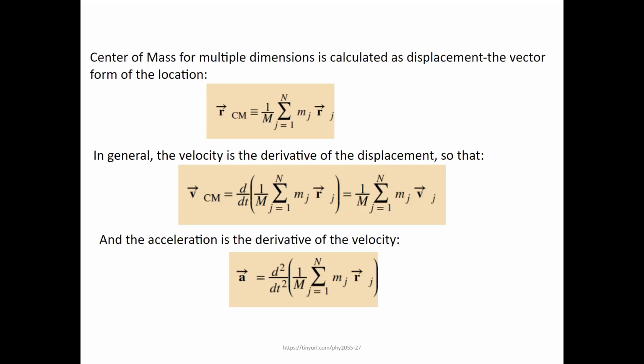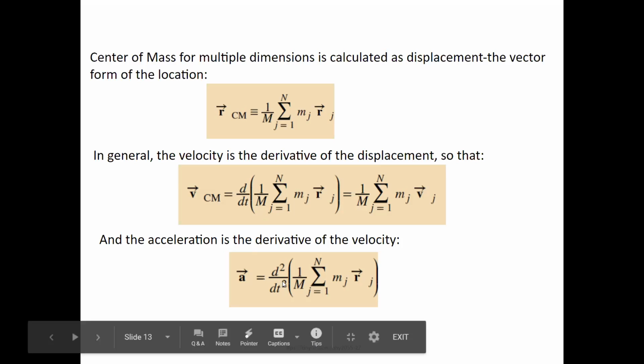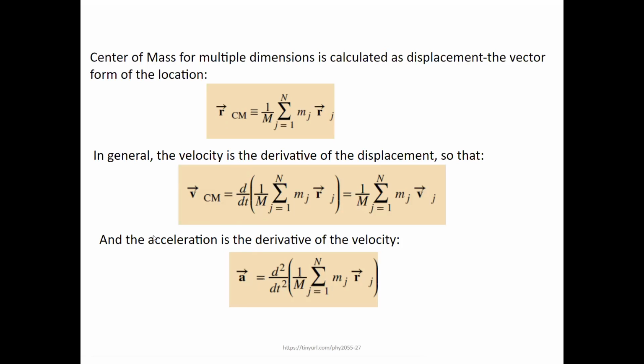And that will give you the position vector of the center of mass for several objects in the system. Okay. And then the velocity vector will be the time derivative of the position vector. And then for the acceleration, you'll be doing double derivatives of your position vector. Okay. So that's basically the same as we learned before.